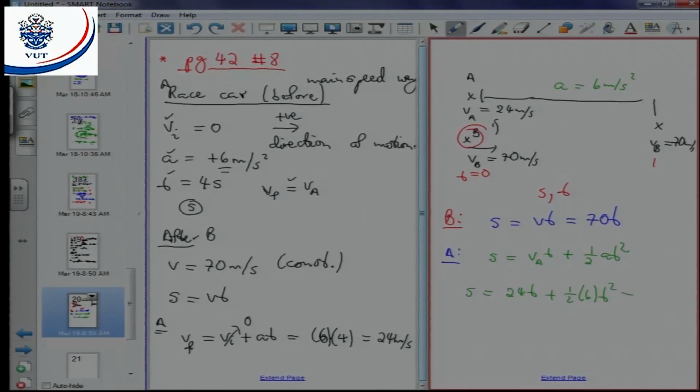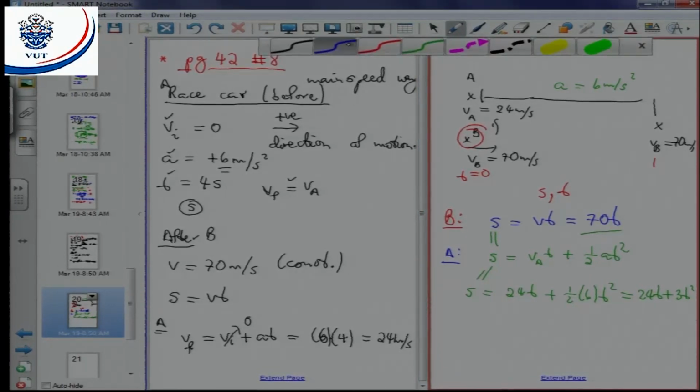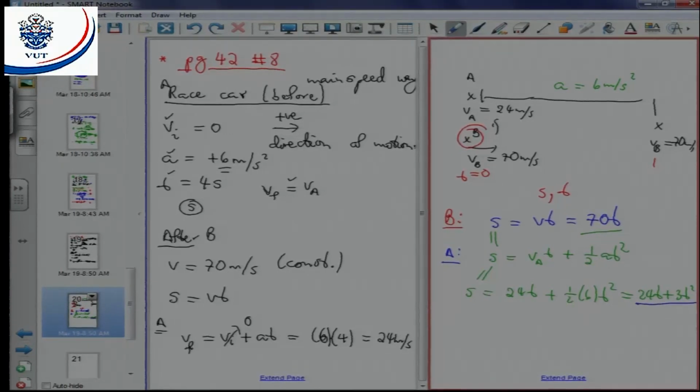So combining these, we get 24T plus 3T squared. But we said that the distance S is the same for both A and B. So equating these two equations, we have 70T equals 24T plus 3T squared. So 3T squared plus 24T equals 70T.